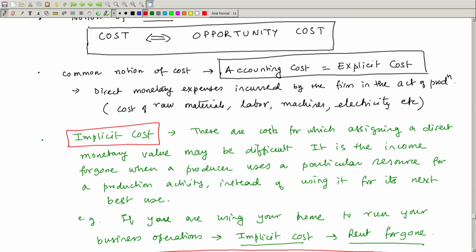Your cost of raw materials, cost of labor, cost of capital, the rent that you pay for land, your office is consuming some amount of electricity, the cost incurred for consuming those units. These are explicit costs. Now, what is not obvious is that along with these explicit costs, there is also what is known as an implicit cost.